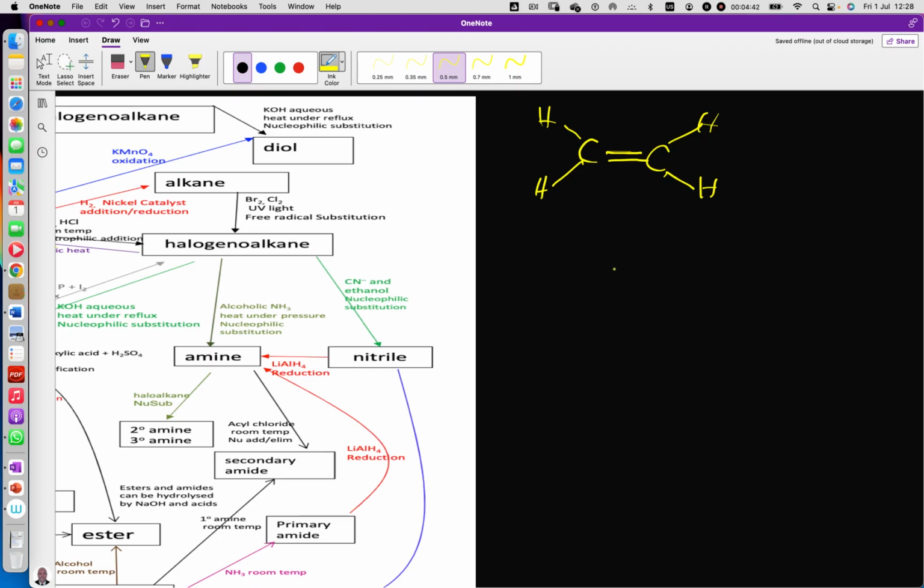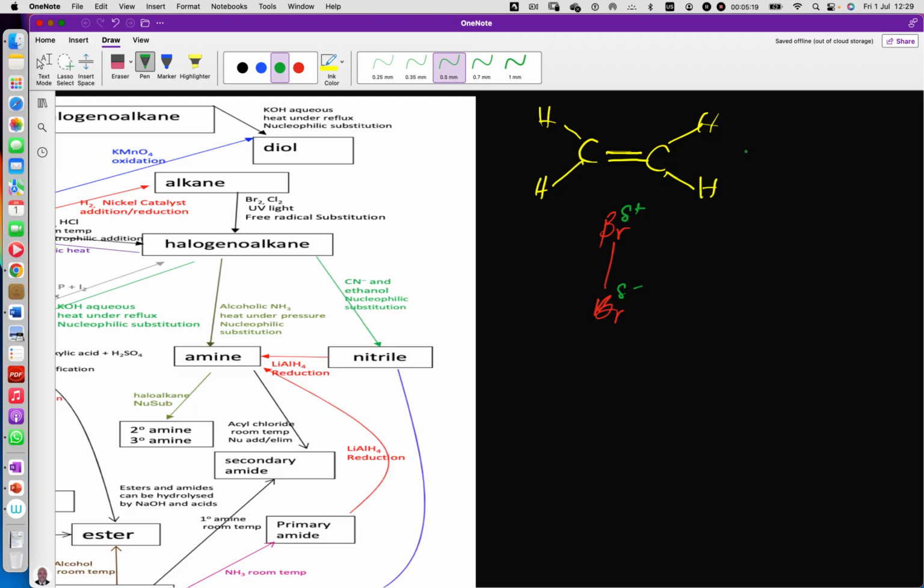When ethene reacts with a bromine molecule, because of the pi electrons that are here, high electron density in this region, they are going to induce a partial negative charge here and a partial positive charge here. One bromine attaches itself here, and the other one will attach itself here.